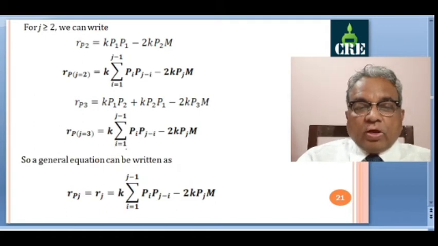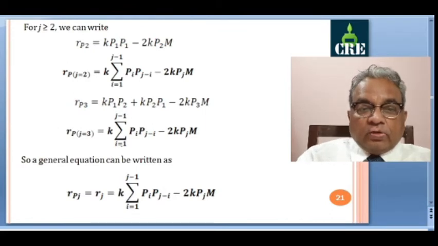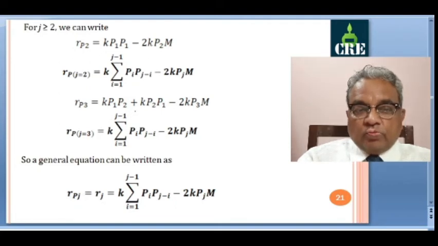This k into summation i equal to 1 to j minus 1 again. Let us see, j is 3. Okay, j minus 1 will be 2. So i is equal to 1 to 2. So we have to consider i equal to 1 and then i equal to 2. If I consider i equal to 1, this is P1, j is 3, 3 minus 1 is 2, so P1 P2.